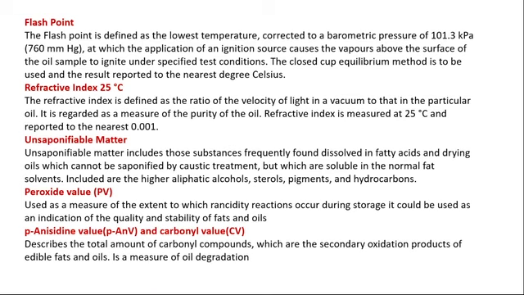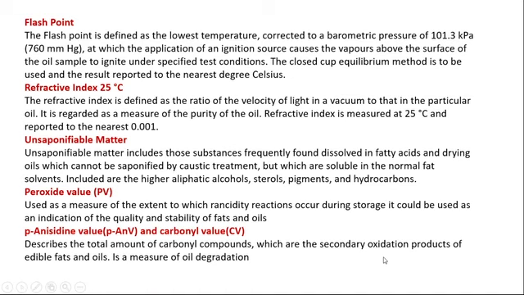The higher the peroxide value, the more the oil has been oxidized. And peroxide value and acid value must actually correlate with each other. You can also determine the oxidation by chemical methods, such as the para-anisidine value and the carbonyl value, which describes the total amount of carbonyl compounds, which are secondary oxidation products.